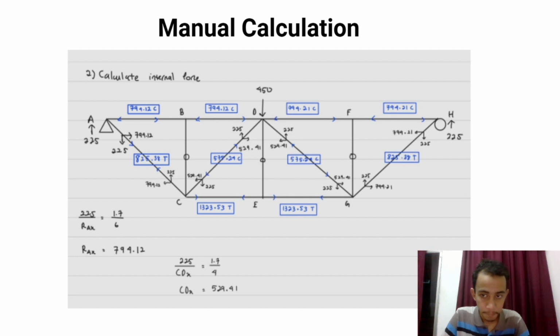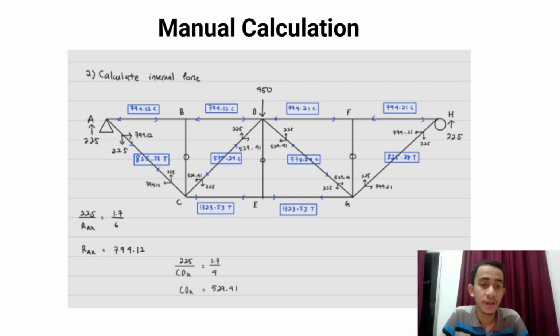So after that we can calculate internal force for each member. So the internal reaction for AB is 794.12 compression. Same goes to BD, DF, and FH. And the internal reaction for AC and HG is 825.3 tension.